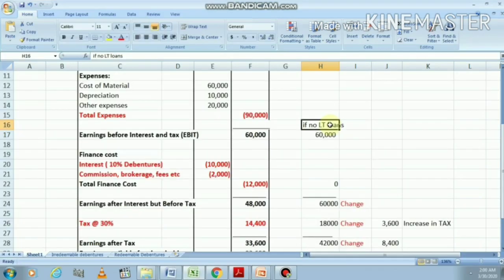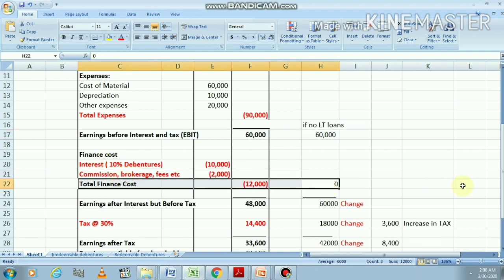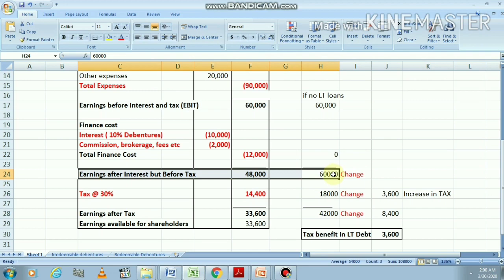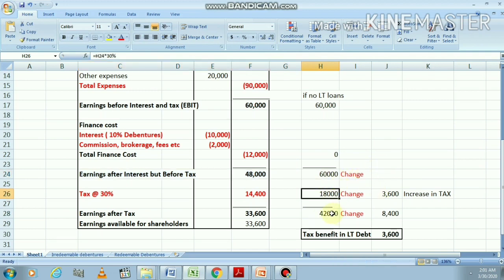Let's take the situation where the company doesn't have long-term debts. That means no interest to pay and no finance cost deduction from the earning. If that's the situation, the earning before interest and tax will have no deduction, and the full amount of 60,000 will go for taxes. So the taxes on 60,000 will be 18,000, and the earning after tax will be 42,000.